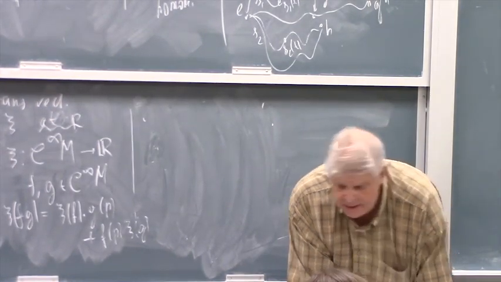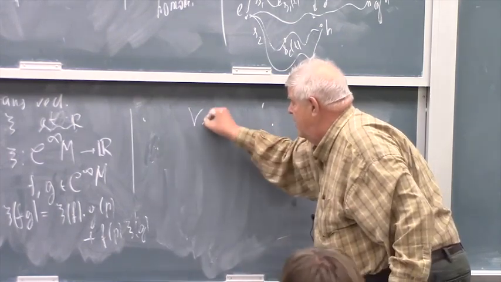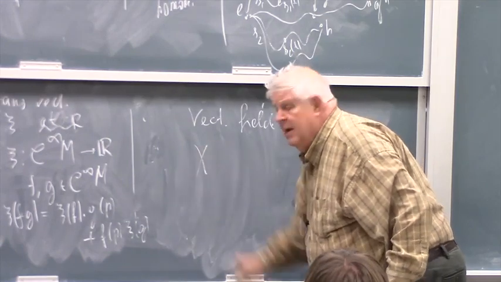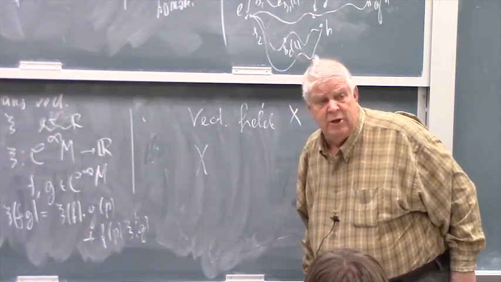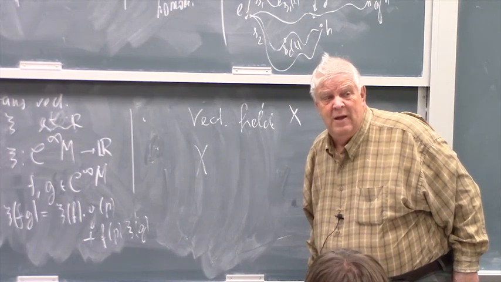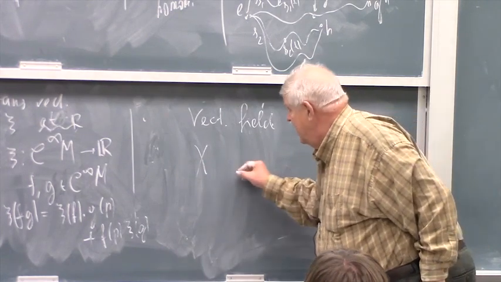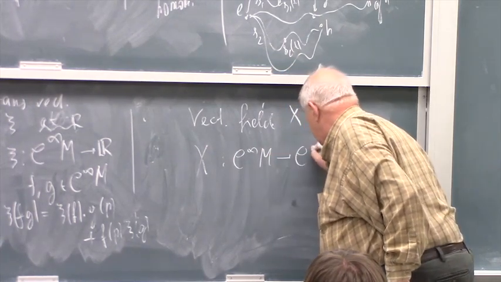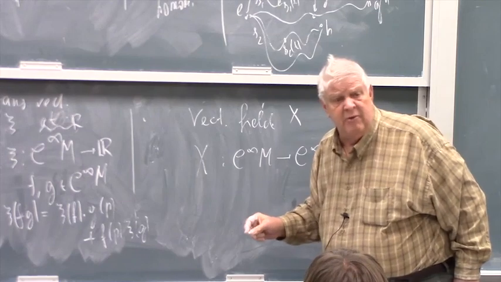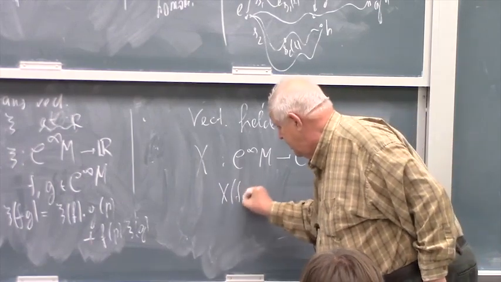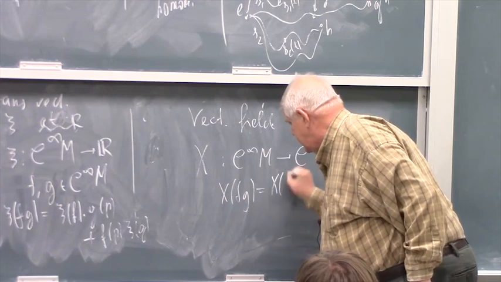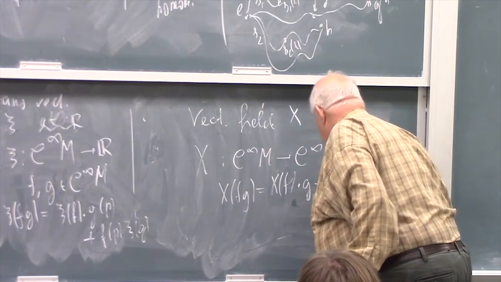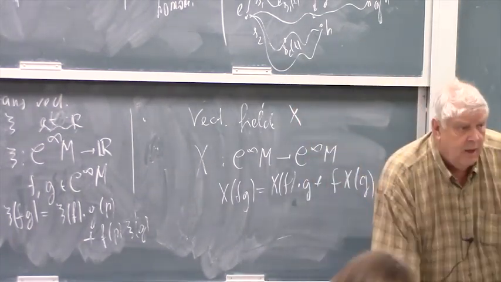It is again more convenient to define a vector field X simply as a derivation in the ring of functions. That is, X is a map of C infinity M into C infinity M. C infinity M is a ring of functions. And X of FG is equal just X of F times G plus F times X of G, the usual product rule. This is a vector field.